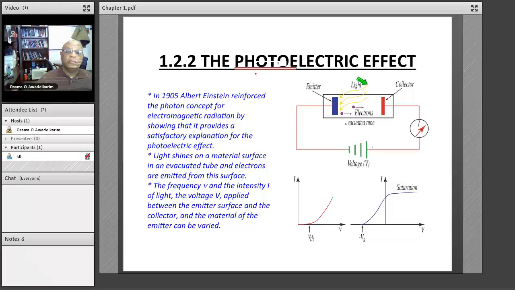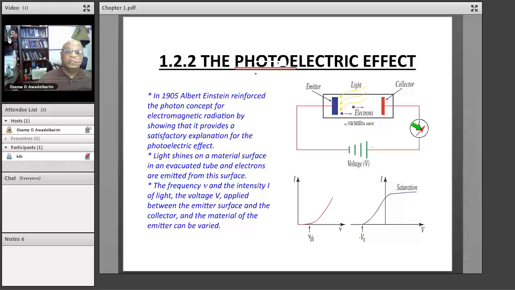As we shine light on the emitter plate and increase the frequency, after a certain frequency value, we see a current passing on the ammeter. The current is zero as we turn the light on, but as we turn the frequency higher and higher, there will come a frequency at which we see current I.